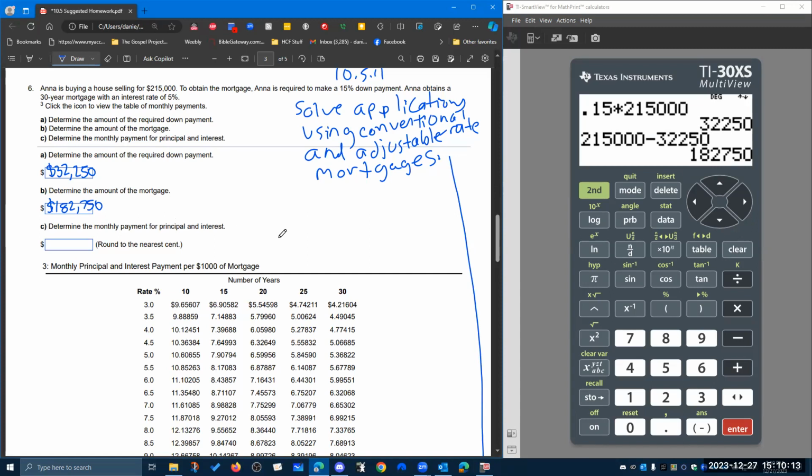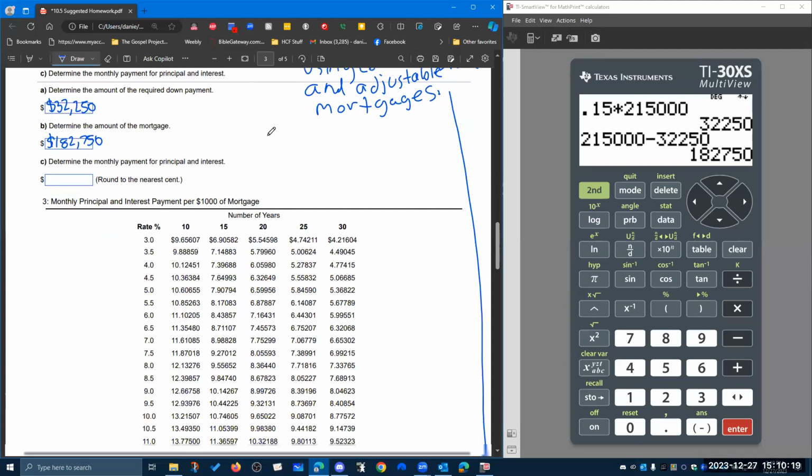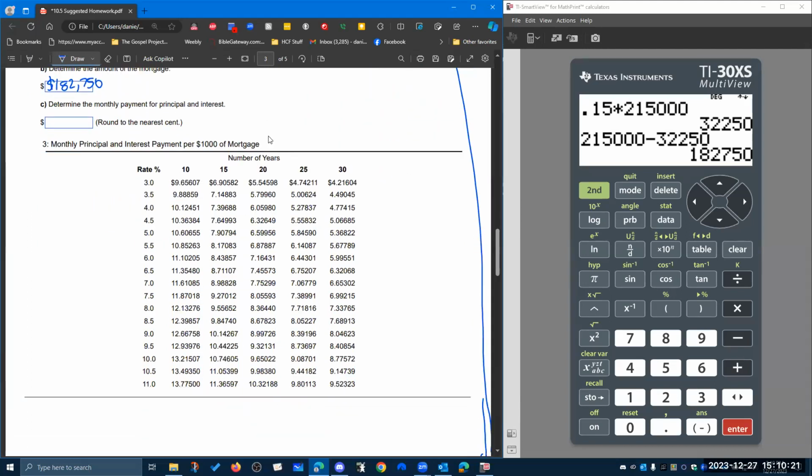And now we're going to look for the amount of monthly payment, principal and interest, for this mortgage. So it's a 5% APR for 30 years. 5%, 30 years right here for our multiplier.